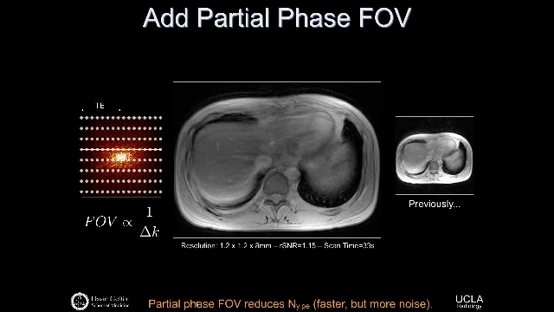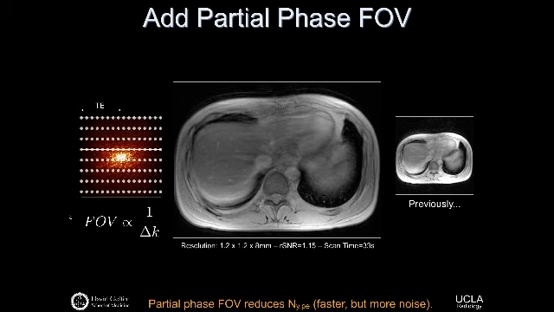This is using so-called partial phase field of view or reduced field of view approaches. I've got my scan time down from 43 seconds to 33 seconds, but that's still too long for patients to hold their breath. But you can see how it compares to the image on the right. It's maybe not quite as bright. It's a little bit noisier, but because it has the smaller field of view, I've got the scan time down substantially. What's my next approach?